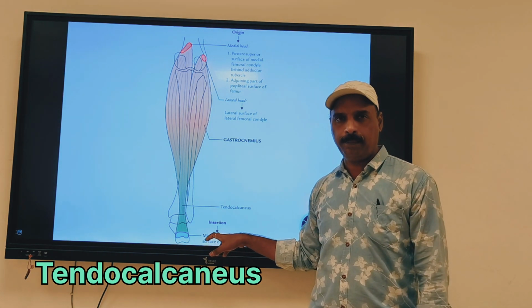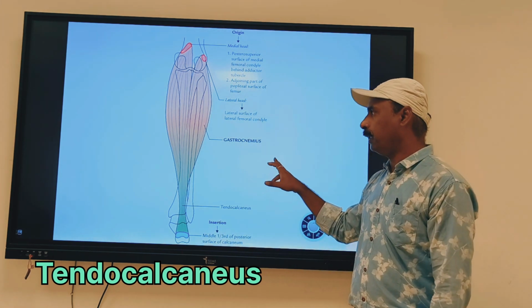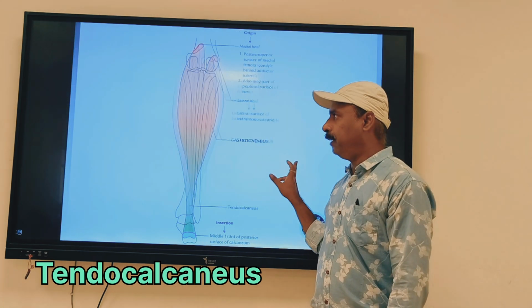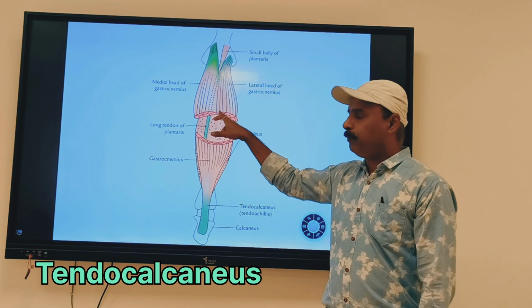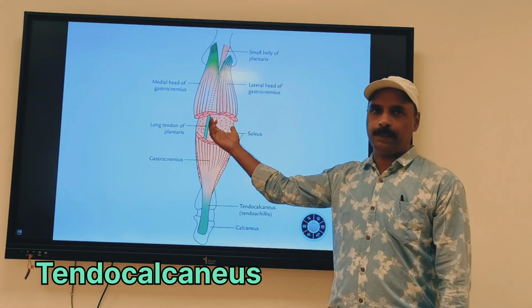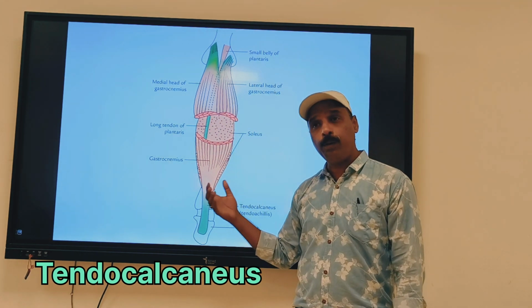When we cut the medial and lateral heads, the total soleus muscle is exposed here, and we see how it is covered.